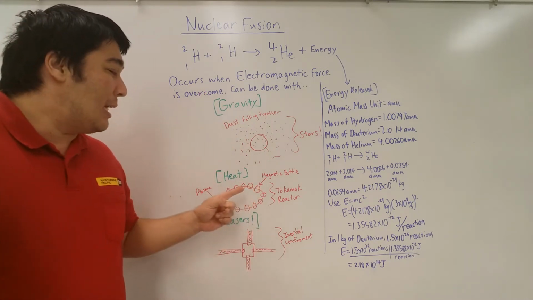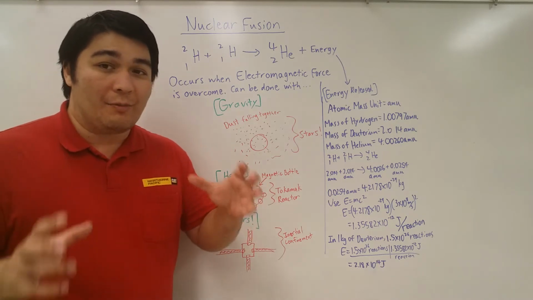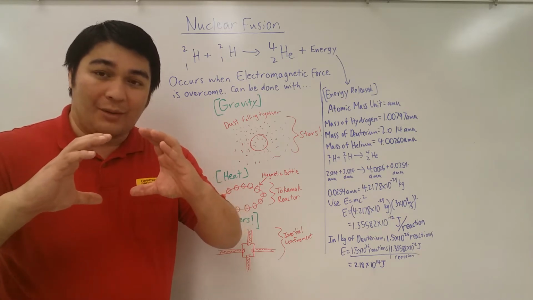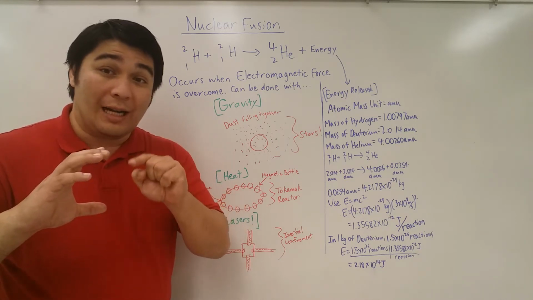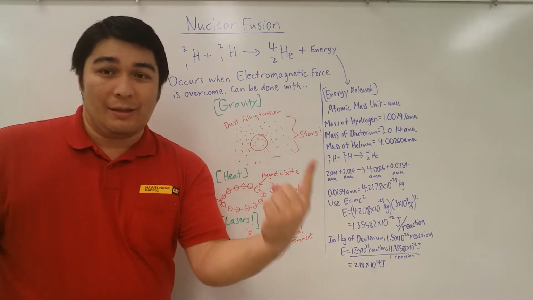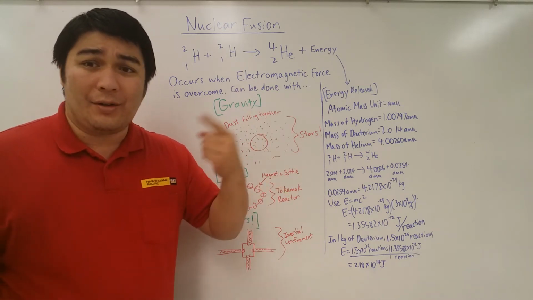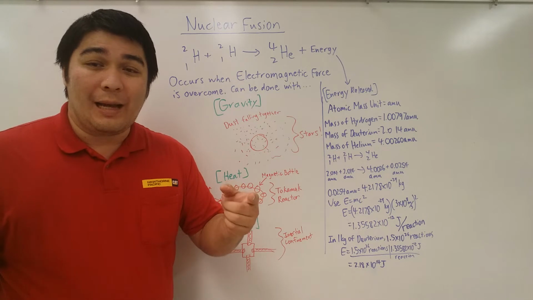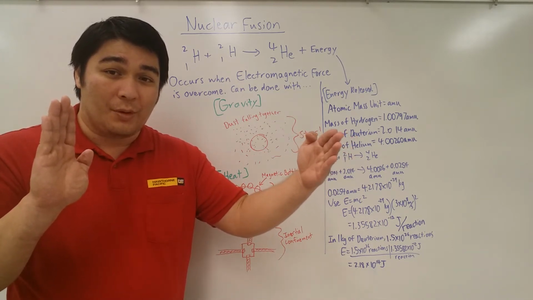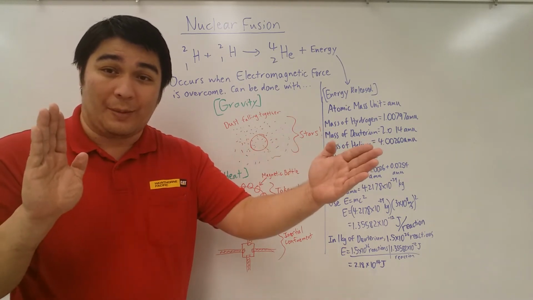So what we do is we take this thing called a tokamak reactor, which is basically a whole bunch of magnets forming what we call a magnetic bottle, where you have a magnetic field that confines all of your hydrogen into this one area, and you spin it around the tokamak, and it gets hotter and hotter. Eventually, the hydrogen atoms or the deuterium atoms will keep getting closer, and they'll get pushed apart by the electromagnetic force.